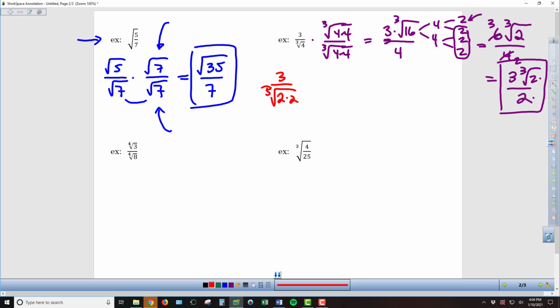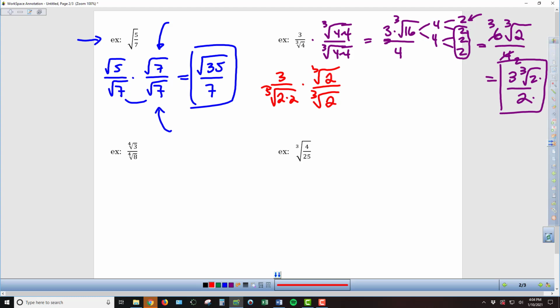Well, now, to complete a set of 3 of a number underneath that radical symbol, I don't need 2 more 4s. I can instead do it by multiplying the top and bottom by just 1 more 2.